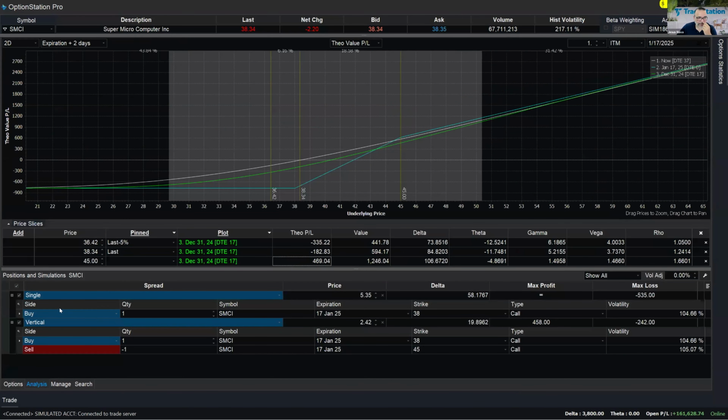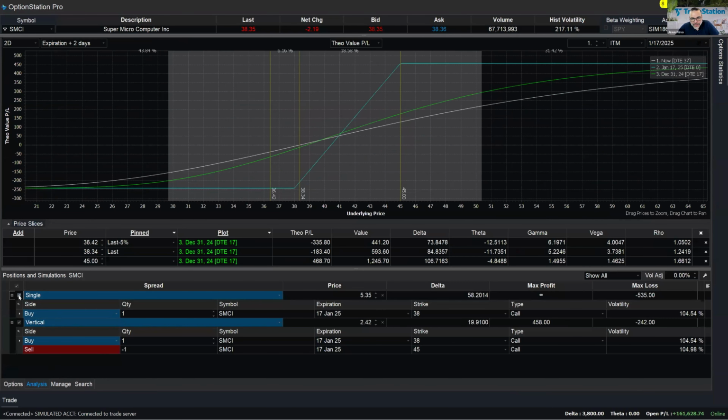Okay, so now here at the bottom of my OptionStation Pro, I have both the vertical and the single. Let me uncheck the single so that I just see the vertical. On the same scenario, if the price were to go to 45 by December 31st, I would make a profit of 175.